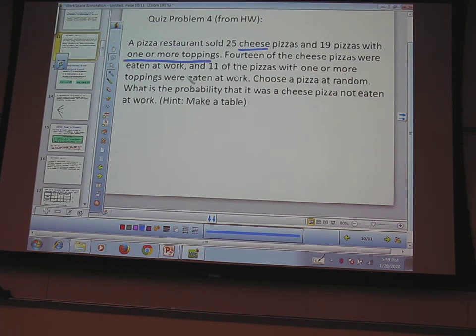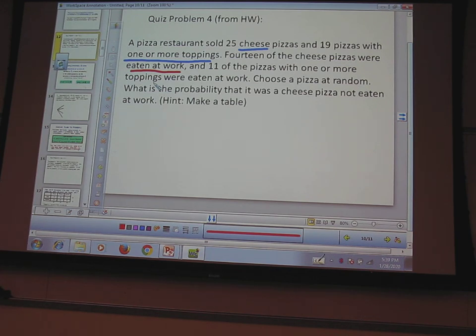That's one thing we know about it. What's the other thing we know about it? Yep. It's either eaten at work or it doesn't say. But since it doesn't say, it's either eaten at work or, what's the complement of eaten at work? Not eaten at work. Is everybody good with that part?